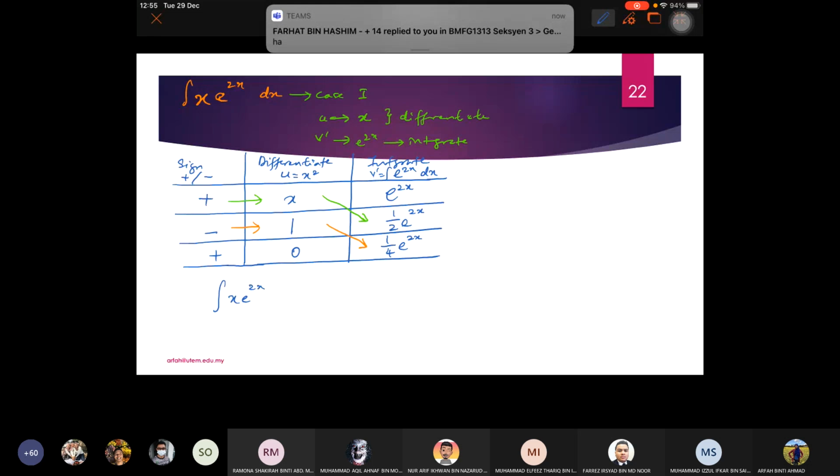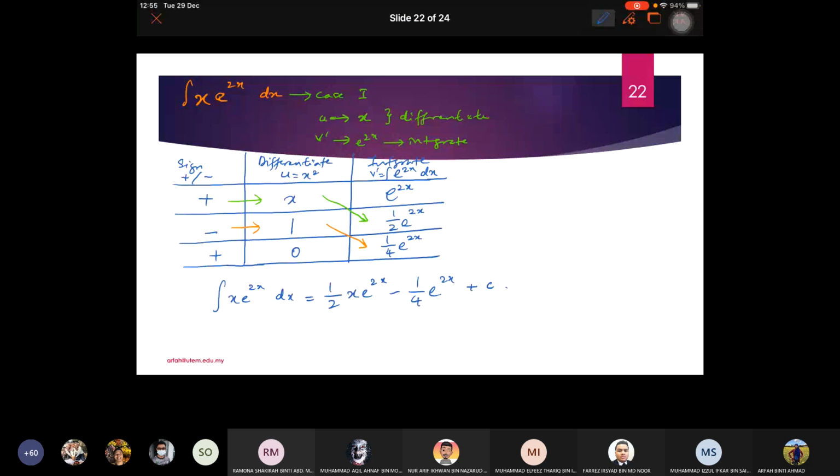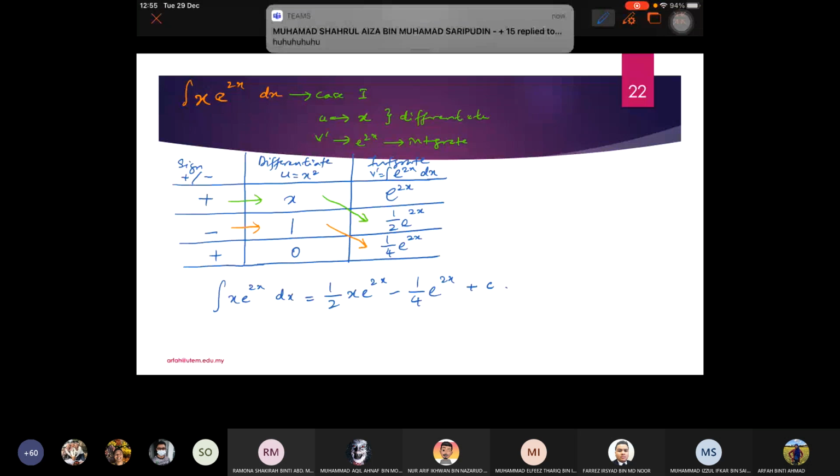Integration of x exponential 2x dx akan sama dengan 1/2 x exponential 2x tolak 1/4 exponential 2x tambah c. Okay, so ni jawapannya. Dapat?